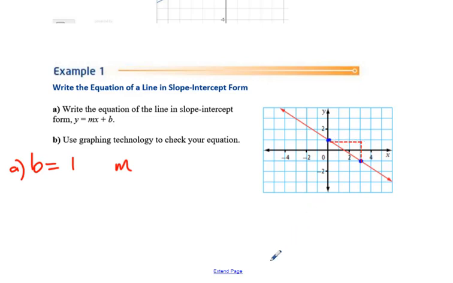If I write rise over run, I've got a rise which is 2 and a run which is 3, and I'm going to make it negative like that.